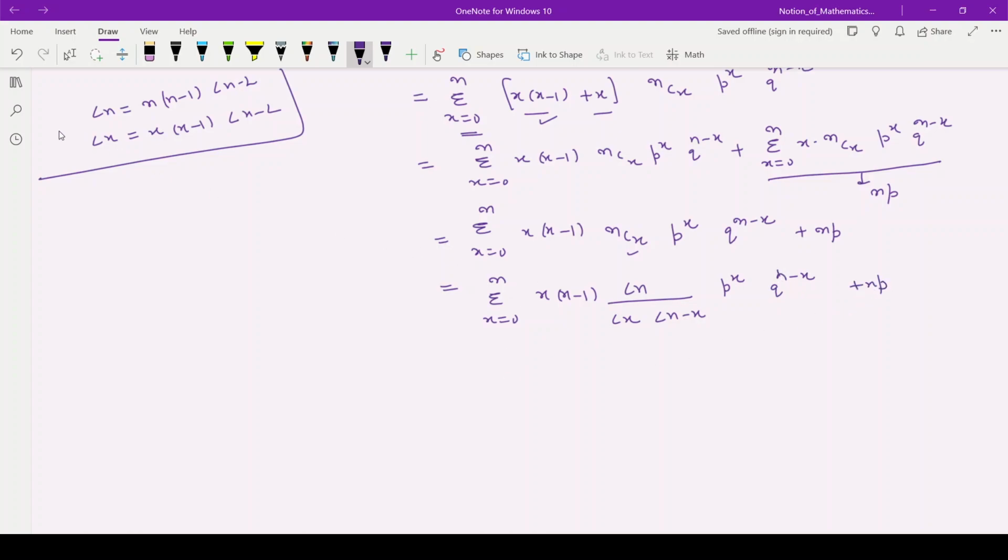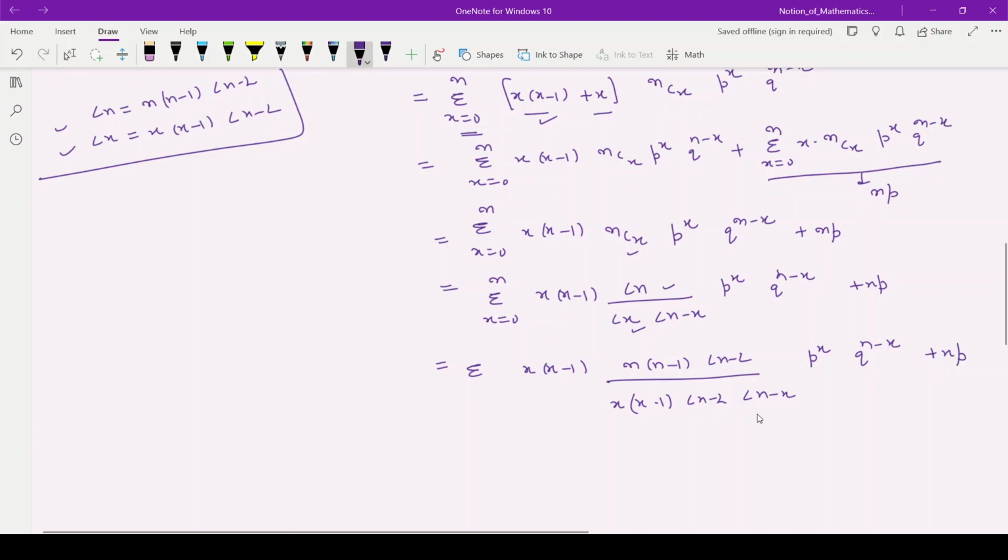So now this formula we are going to incorporate here. So this will be summation, and here x minus 1, n minus 1 factorial n minus 2 upon x minus 1 factorial x minus 2 factorial n minus x, and p to the power x q to the power n minus x, plus np.